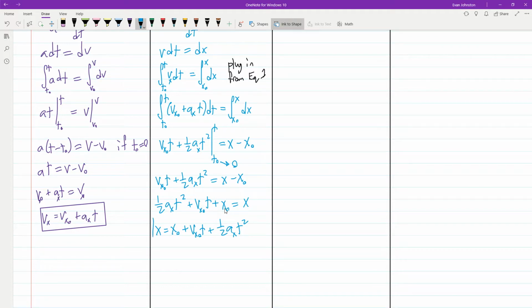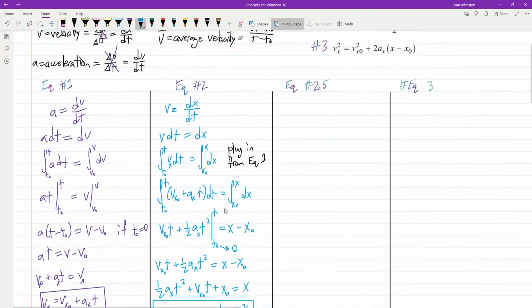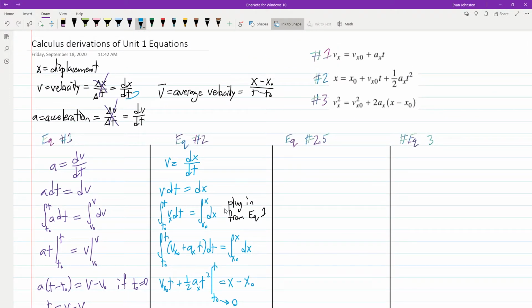And that is, in fact, our equation 2, which is kind of neat. So that's where that one came from. We actually just integrated this second fundamental equation for it there. And this was really what we used for our first equation.